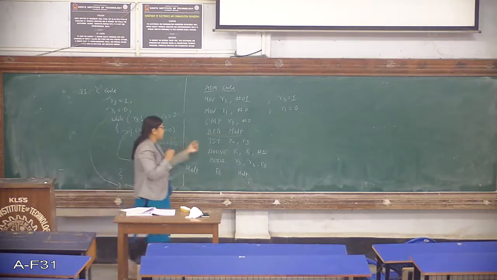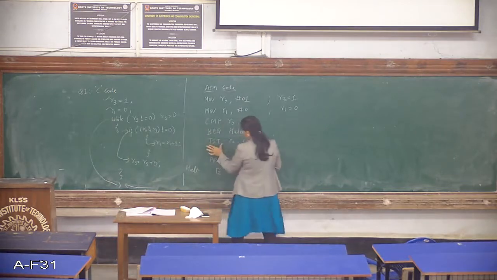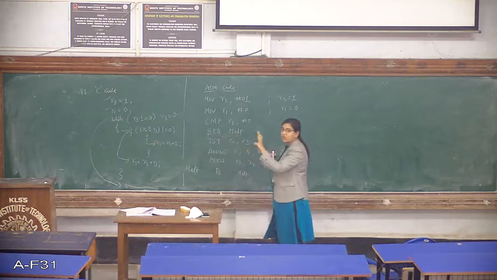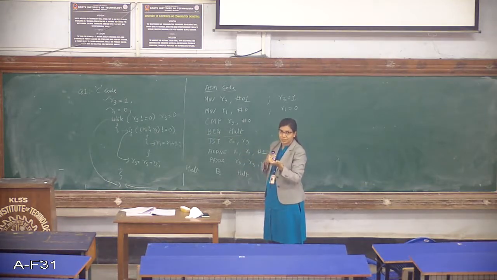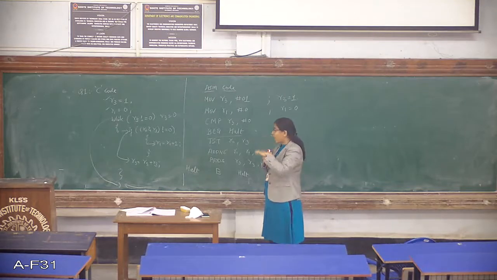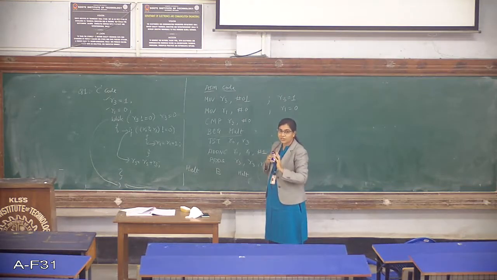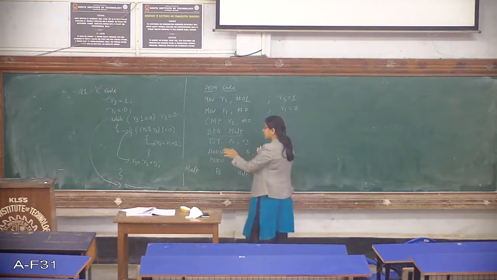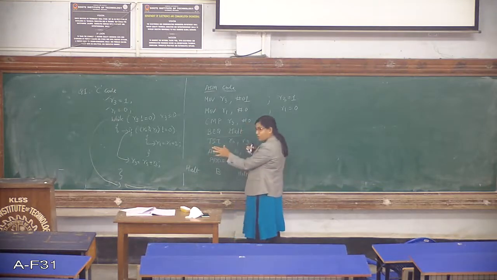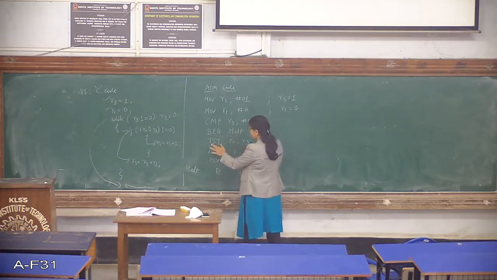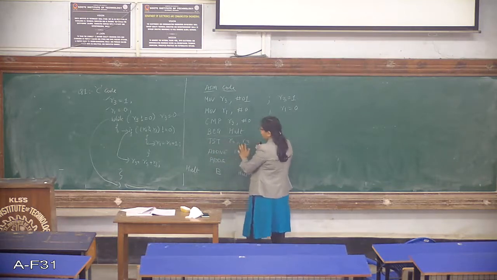So let me take the TST instruction. As I told you, why we are taking the TST instruction here is because we are not bothered about the AND operation result. Okay, I don't want to store that result anywhere. I just want the flags to be affected based on the result we have got. So we can use TST, which performs the AND operation and discards the result. So you are going to AND R0 and R3.